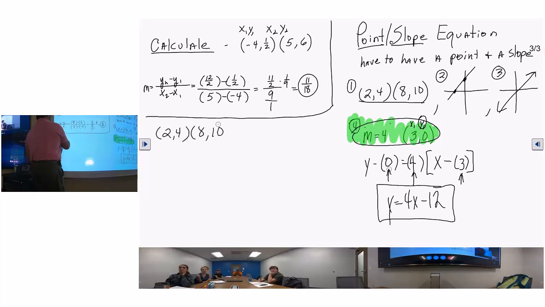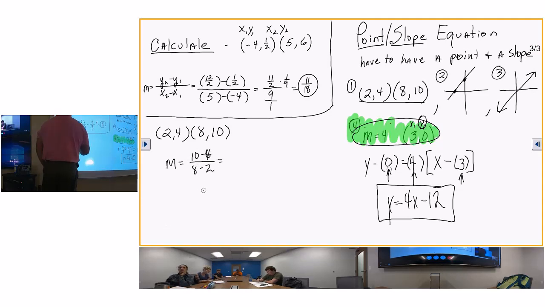So I've got to find the slope. 10 minus 4 over 8 minus 2, which is equal to 6 over 6, which is what? 1. So now I've got m is equal to 1, and my point is 2 comma 4.